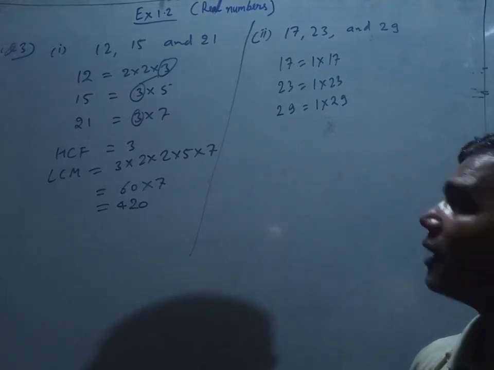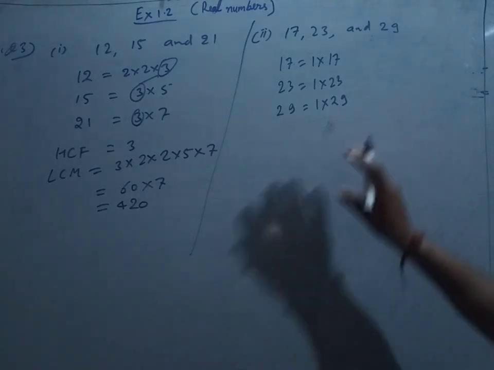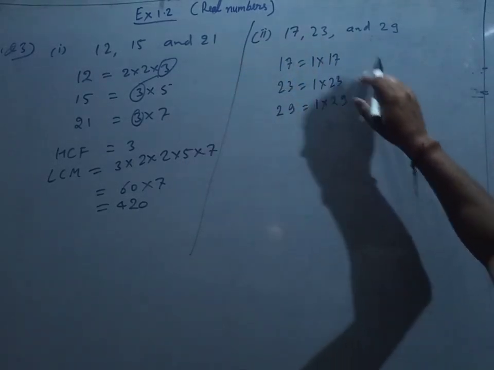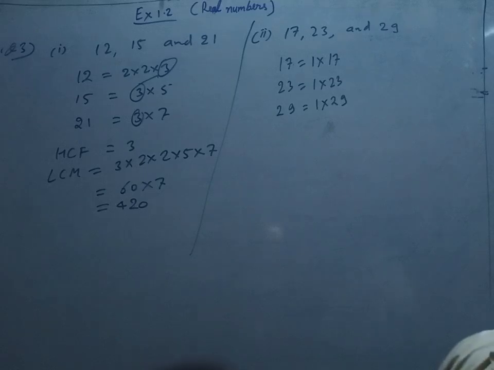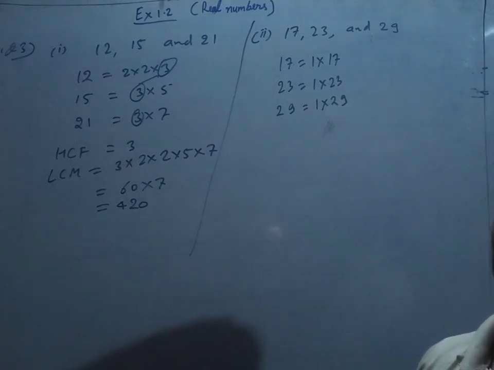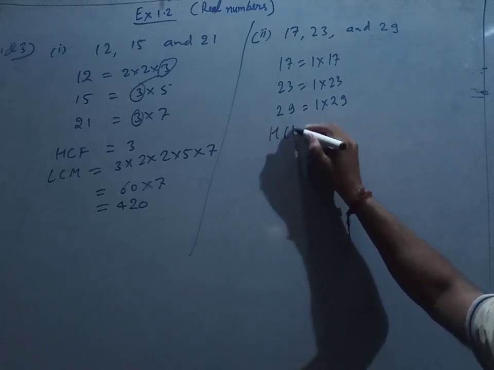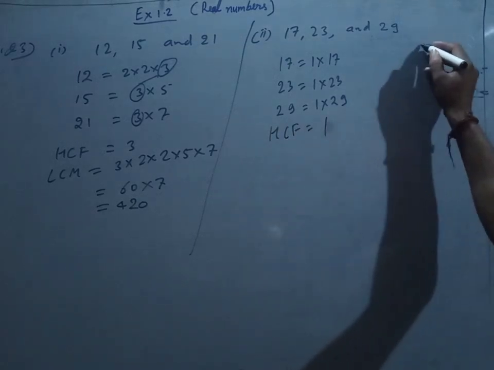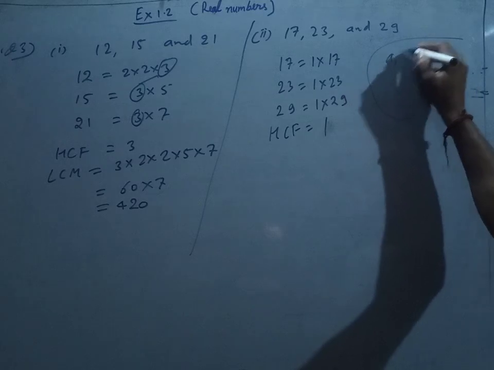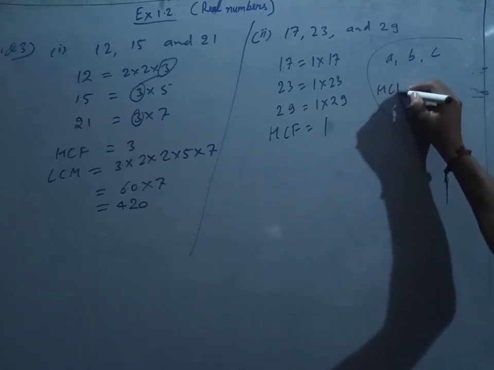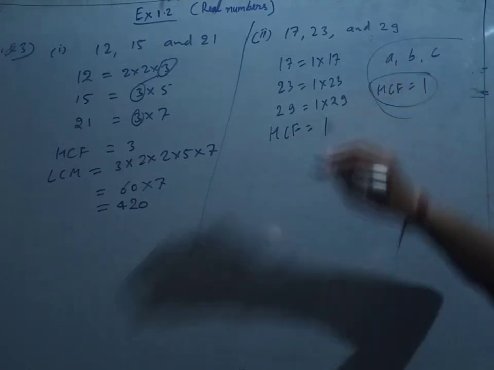So in these numbers we have no common prime factor, so the HCF is only 1. If you have A, B, C, then the HCF of A, B, C is only 1.